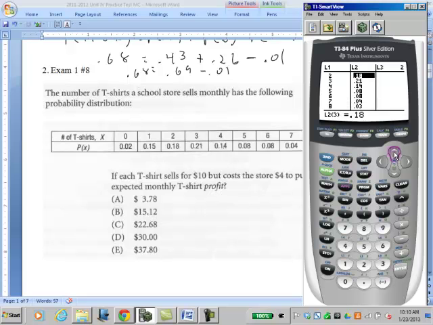So put those in. And then I'm going to do stat, calc, and one variable stats on L1 and L2. Okay, so the expected number of t-shirts sold is 3.78.